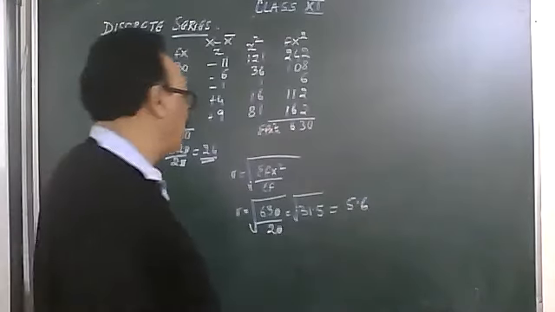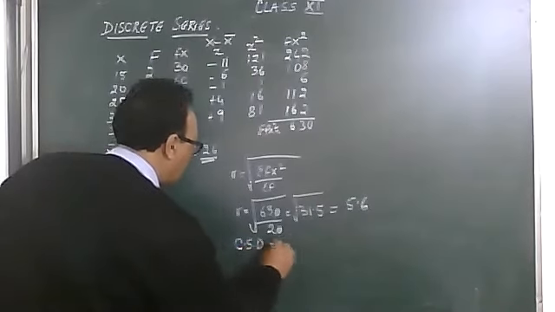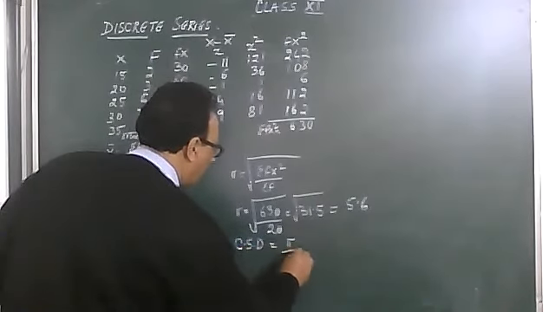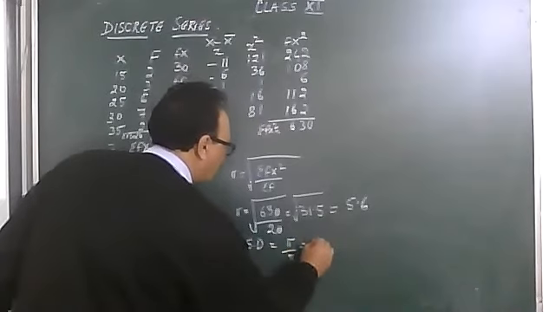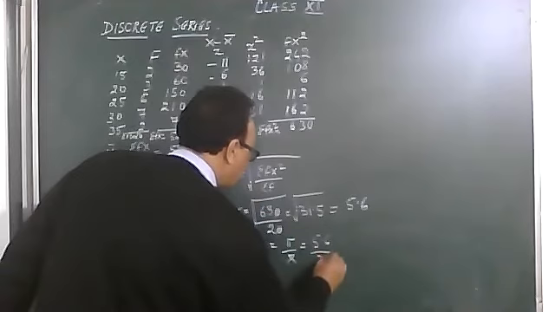Now we come to the coefficient. Coefficient of standard deviation is equal to standard deviation upon mean. Standard deviation is 5.6. The mean calculated is 26.